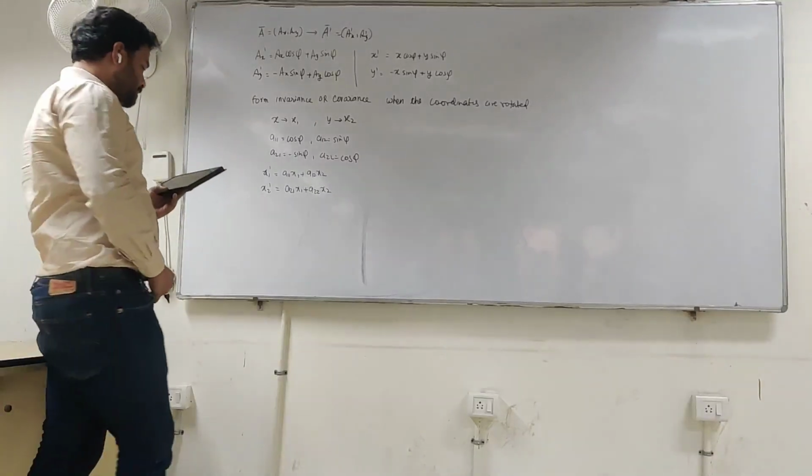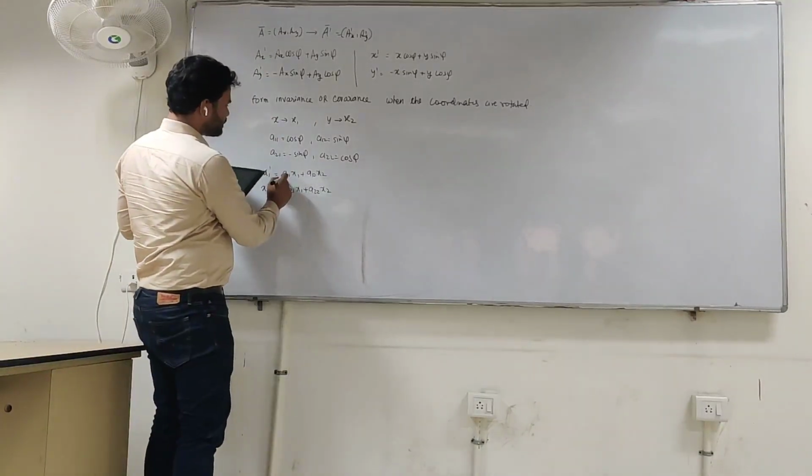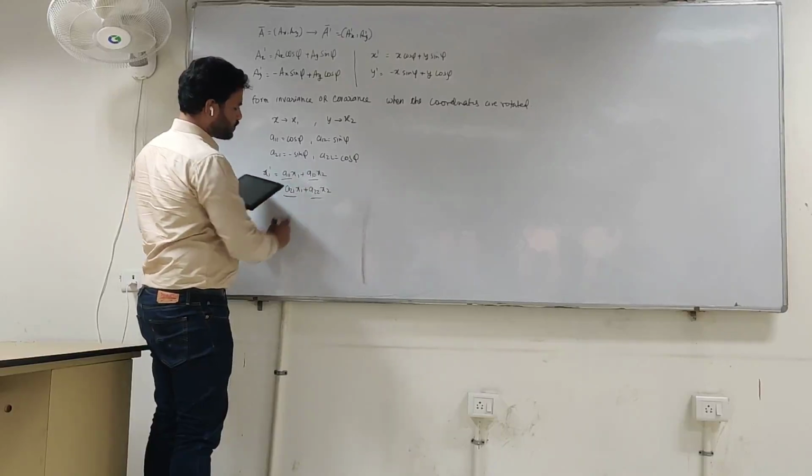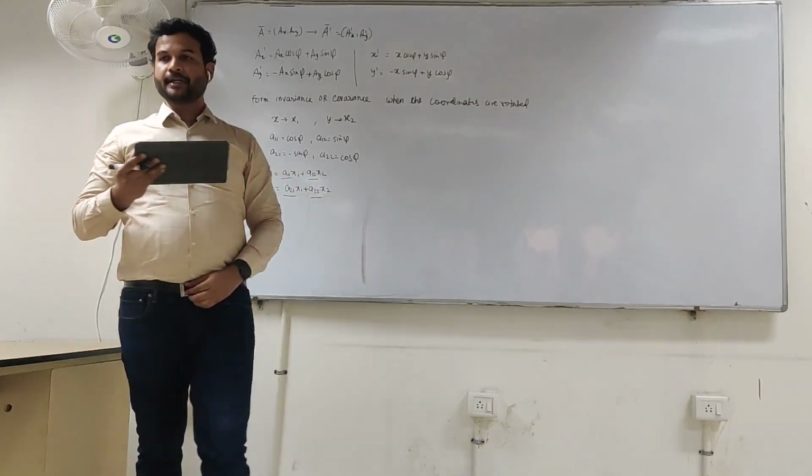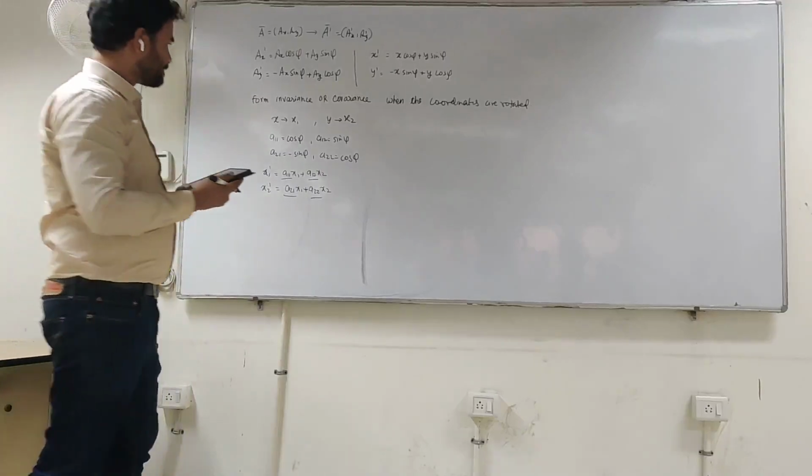The coefficients a11, a12, a21 and a22 are interpreted as direction cosines.